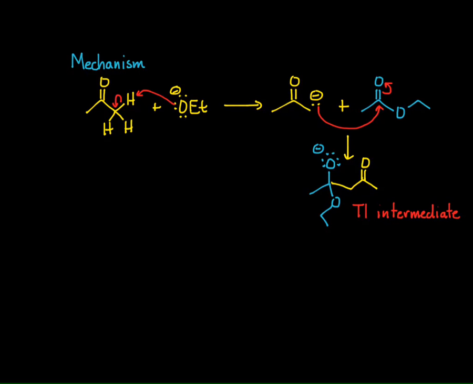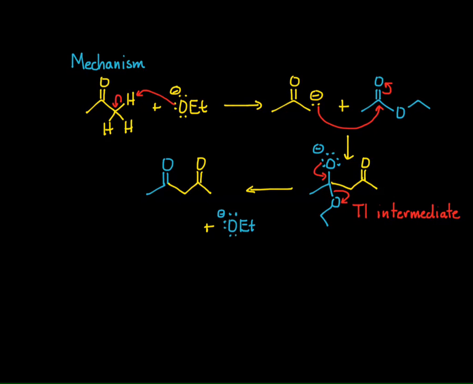So we call this a tetrahedral intermediate, a TI intermediate, or a TI minus intermediate. Now, as we've seen with esters, the ethoxide is a fairly good leaving group, and therefore I can reform my carbonyl and kick off the ethoxide. And the result looks like this. So I get my beta diketone, and the ethoxide is coming off.